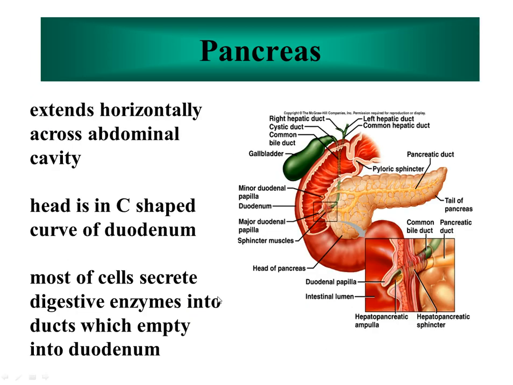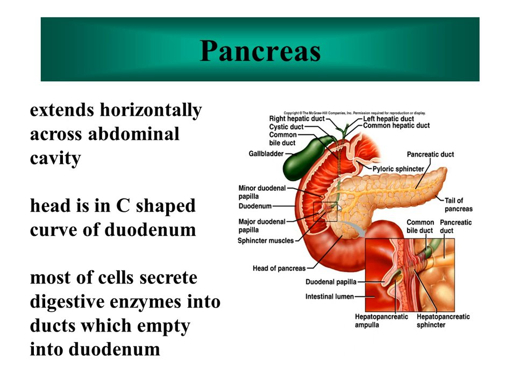The chyme is moved through the pyloric sphincter to the duodenum, where the pancreas, liver, and gallbladder add their secretions. The pancreas extends horizontally across the abdominal cavity here, and the head is in a C shape in this area, in the curve of the duodenum.